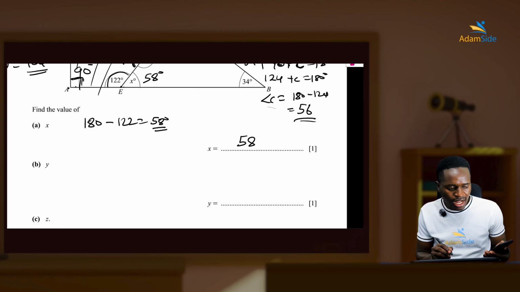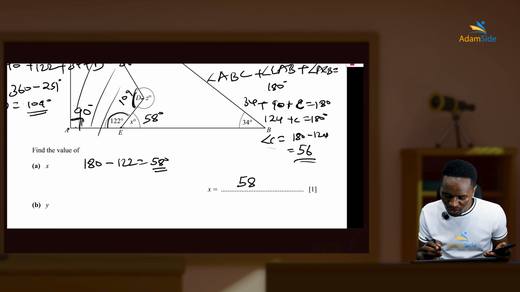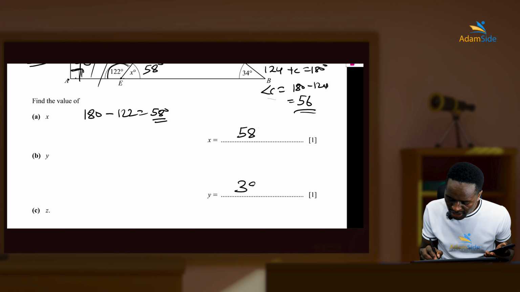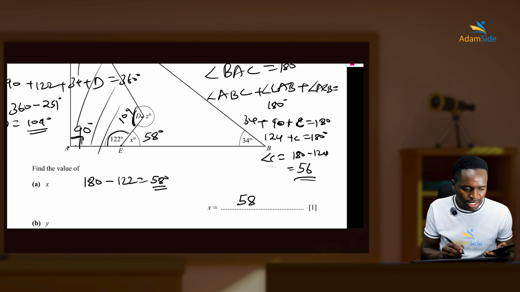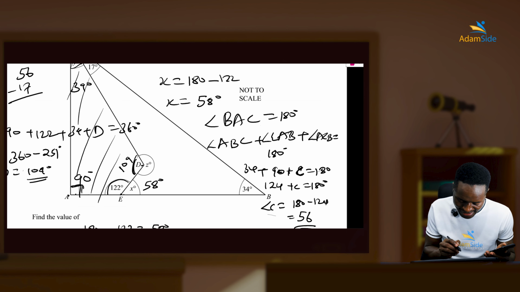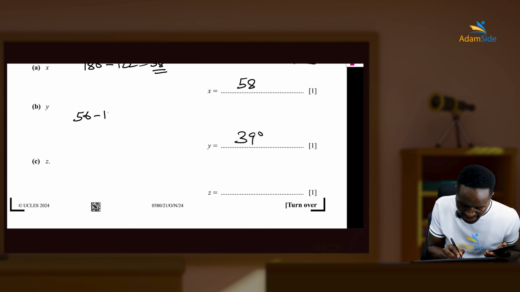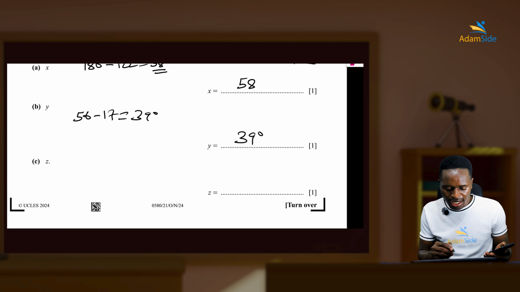Then angle Y is equal to 39 degrees, because we got the whole angle by adding 90 plus 34, then 180 minus 124 got 56. So 56 minus 17 gives 39 degrees, because angle Y plus 17 should be equal to 56 degrees.